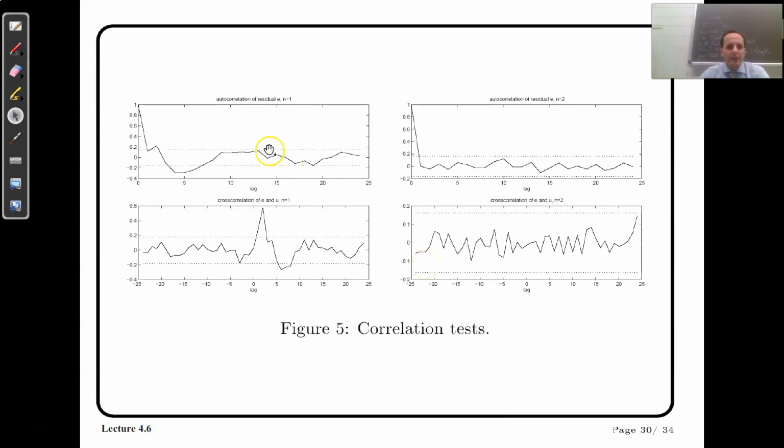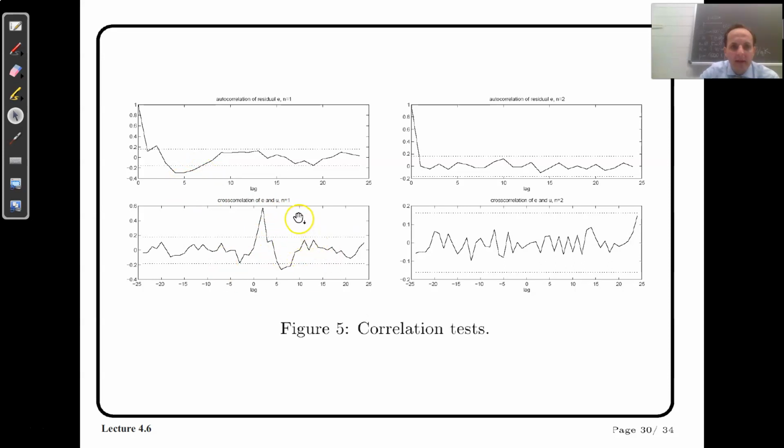This is an example of the autocorrelation. For example, here it seems that the autocorrelations indicate that there are some unmodeled dynamics, or perhaps, you can see here that the test is violated for positive values of tau, so it means that perhaps there is a wrong selection of the delay.